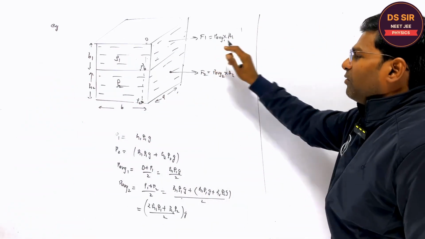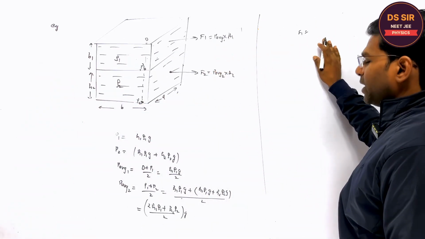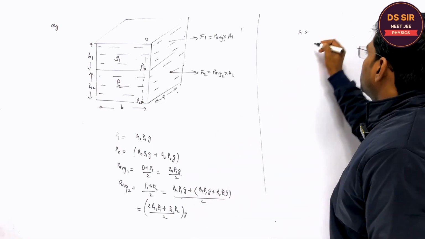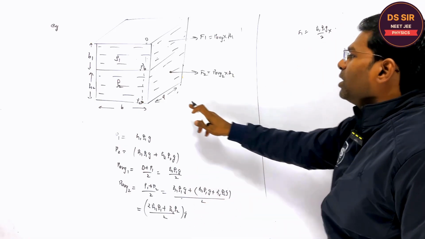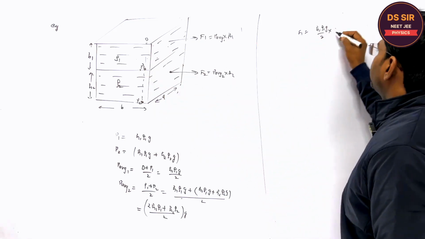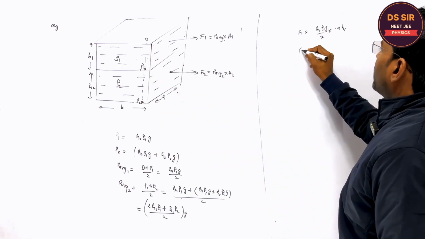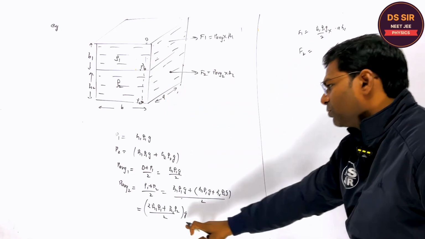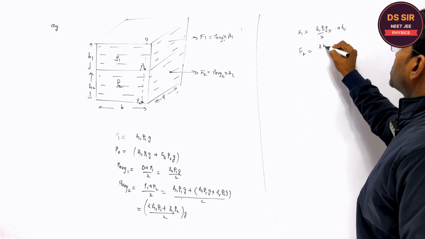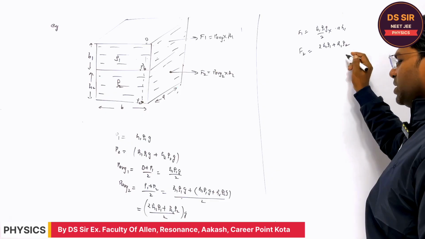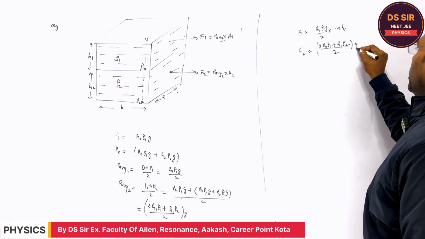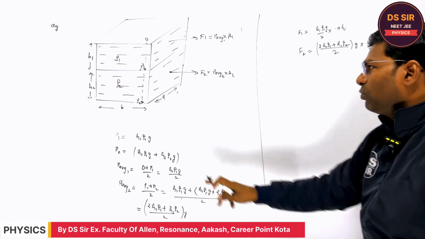So the force F1 can be written as, this is the average pressure H1 rho 1 g by 2 into area A into H1. F2 is equal to what? This is the pressure (2 H1 rho 1 plus H2 rho 2) divided by 2 into g, into what is its area?